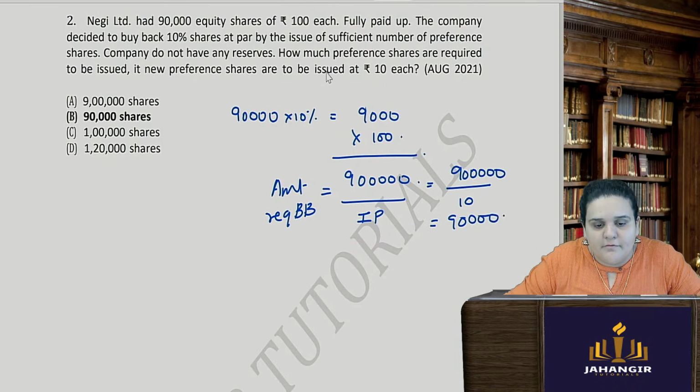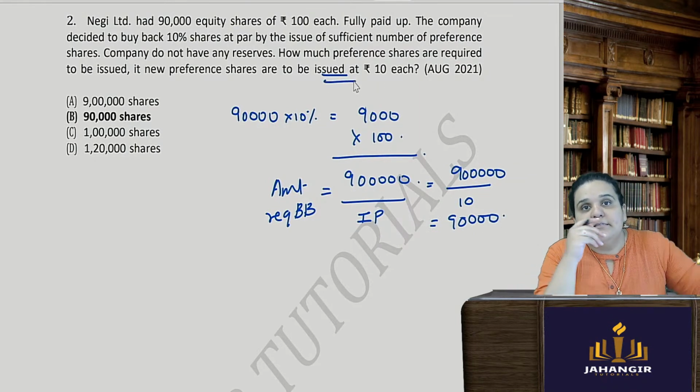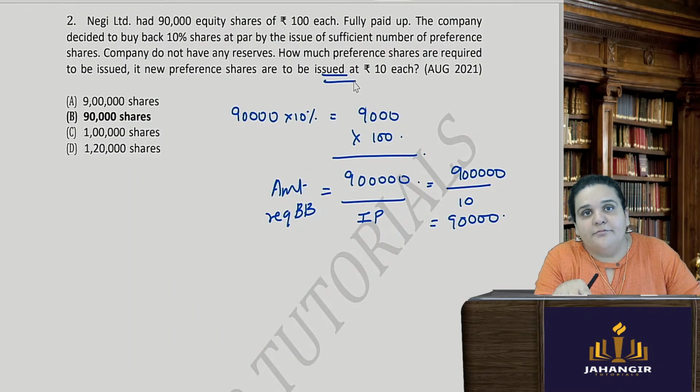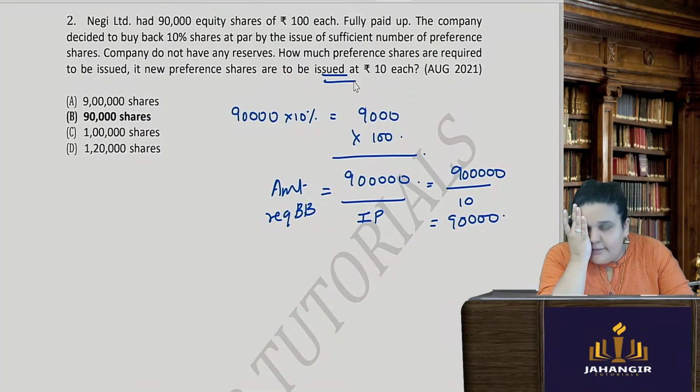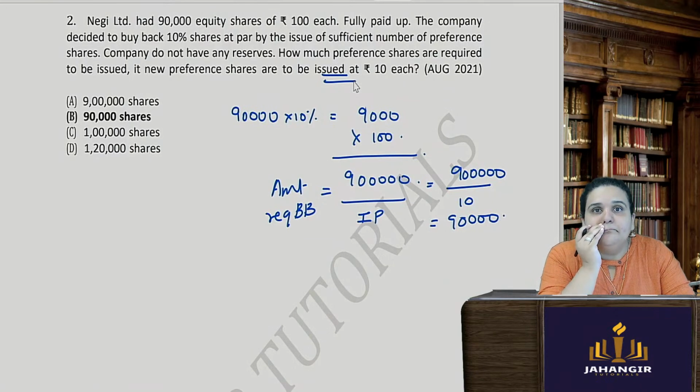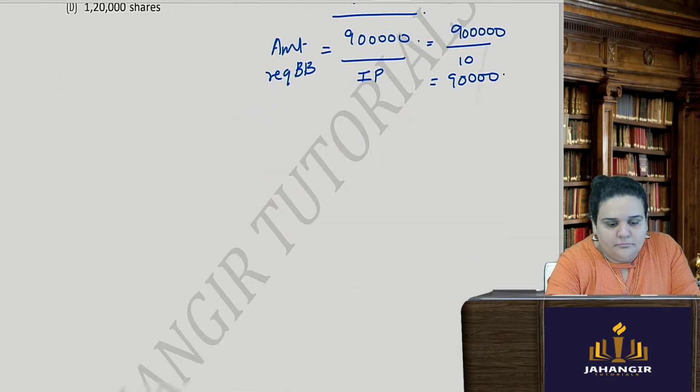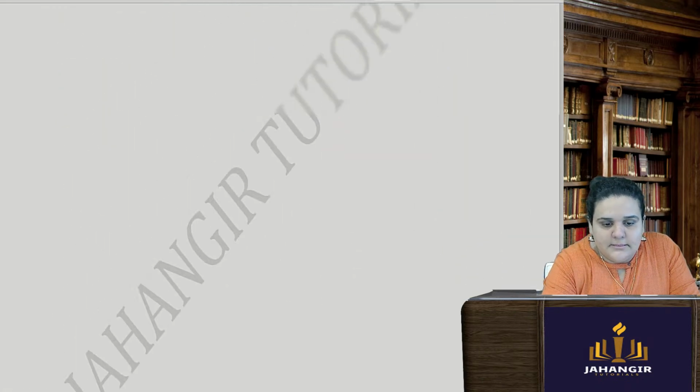Say suppose they would have given you issue price is 12, face value is 10. You will divide by 12. Divide by issue price because they don't have any funds at all. They don't have sufficient funds at all. Okay. So 90,000. That's it.